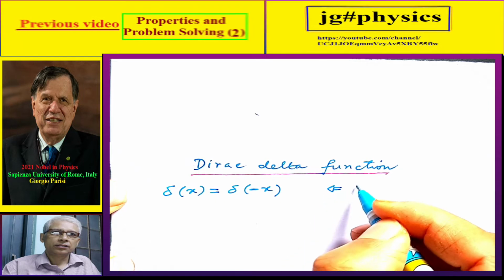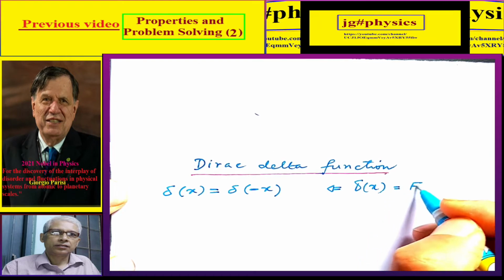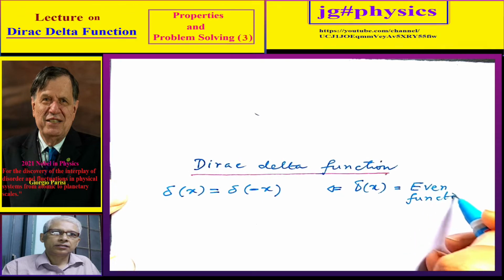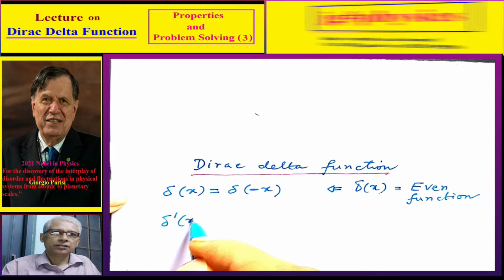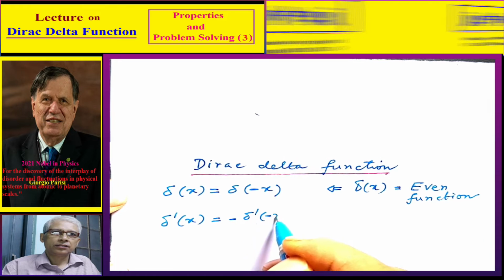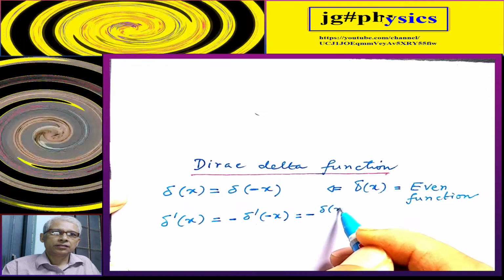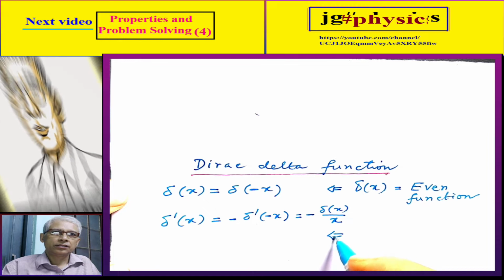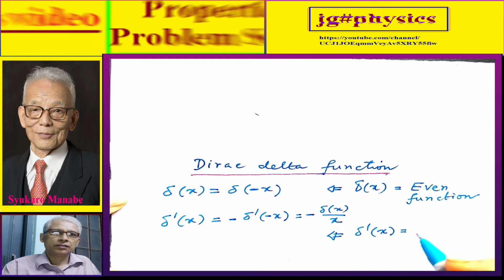implying that Dirac delta function is an even function, and the first derivative, which is denoted by delta prime of x, was proved to be equal to minus of delta prime of minus x, which is equal to minus of delta prime of x.